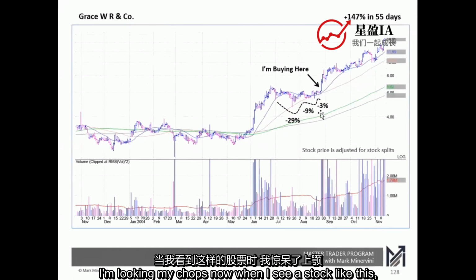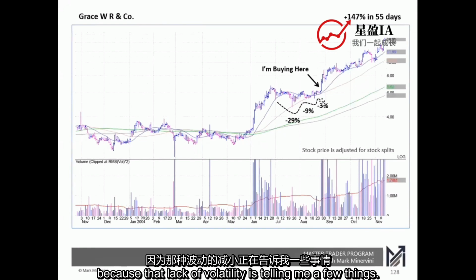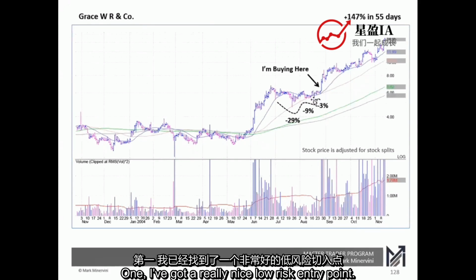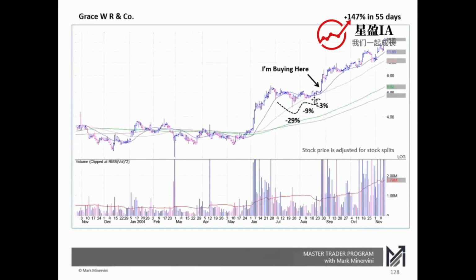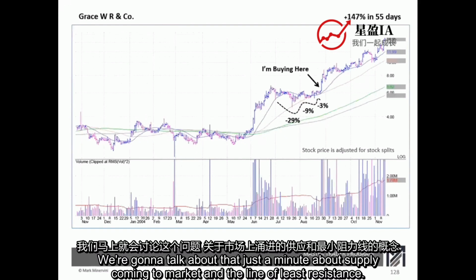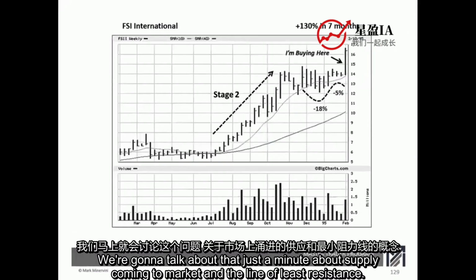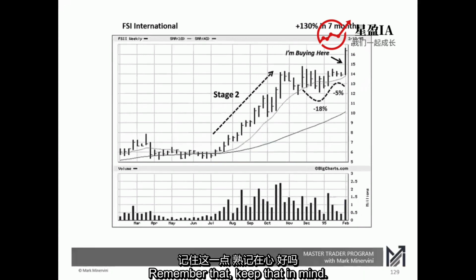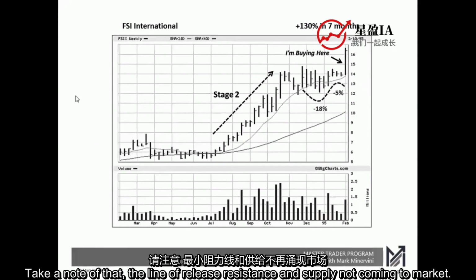I'm licking my chops now when I see a stock like this, because that lack of volatility is telling me a few things. One, I've got a really nice low risk entry point, and number two, that there's no supply coming to market. We're going to talk about that in just a minute, about supply coming to market and the line of least resistance. Remember that. Keep that in mind. Okay, take a note of that. The line of least resistance and supply not coming to market.